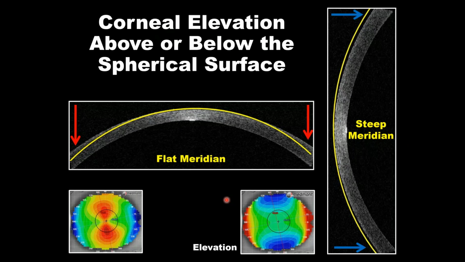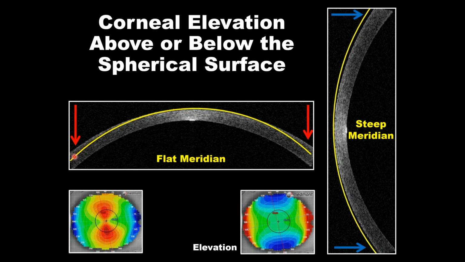And that's seen in these images, where you notice from the OCT, the corneal thickness, the yellow line is dropped on the eye as a perfect spherical surface. This is the best fit sphere. It's aligned in the center at the peak of the cornea.